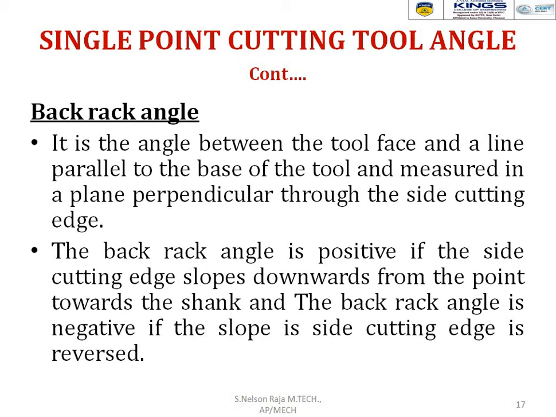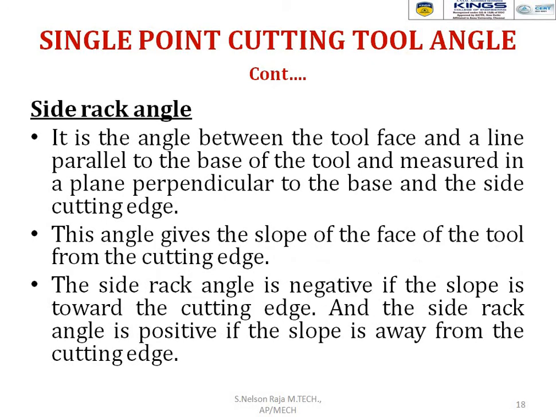So we have one different condition here: if the back rake angle is negative, the slope of the side cutting edge is reversed. That is the important condition of the back rake angle.